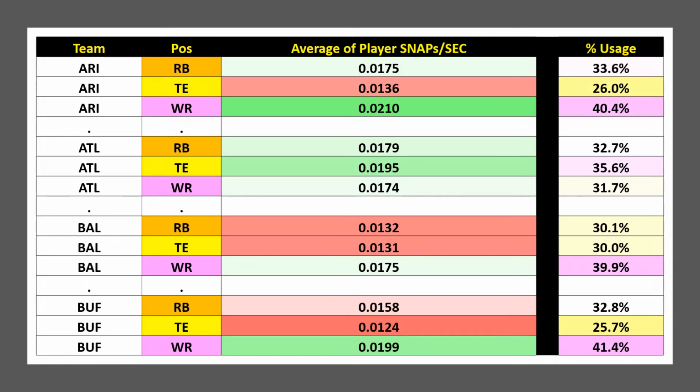In Arizona, the wide receivers are dominating. 40-something% of snaps per second usage is wide receivers. So they're probably strongly being used. The running backs, not too bad, not too great, 33%.